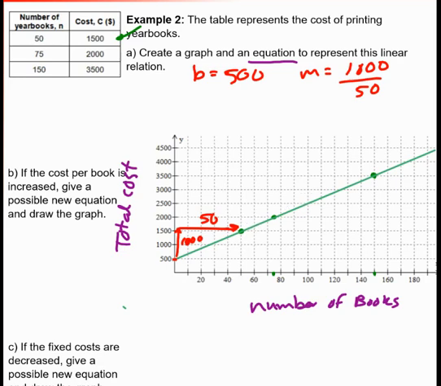And we don't need to do this all along. We just need to do it in one section that we can see really clearly. So 1,000 divided by 50 is 20. So $20 per book beyond that. So it costs $500 to set up the yearbook for the year, and then $20 per book. So we can come up with an equation now.